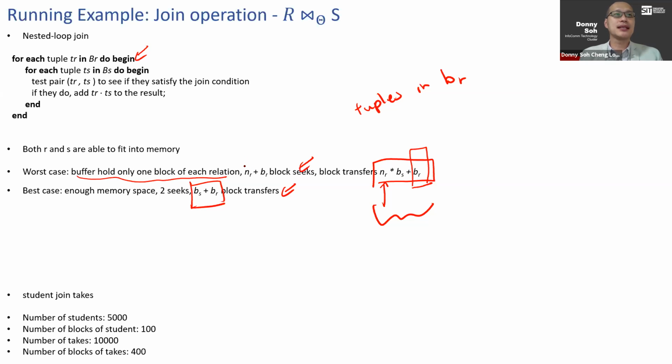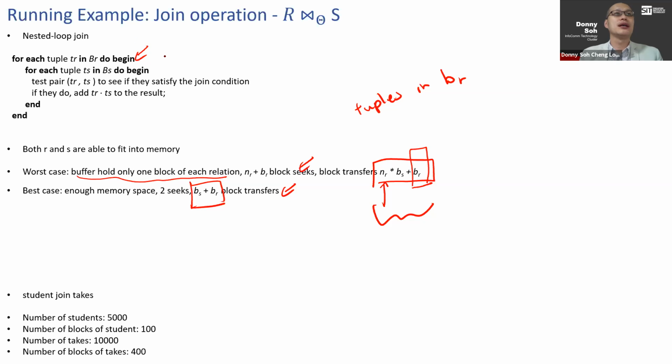The seeking is slightly easier to understand. The seeking is the number of tuples in my outer block plus the number of blocks in my outer block.